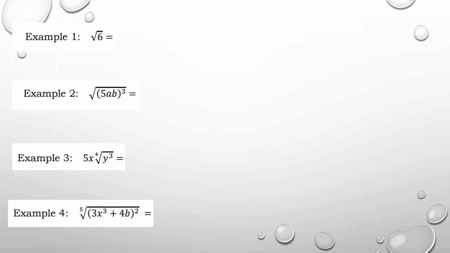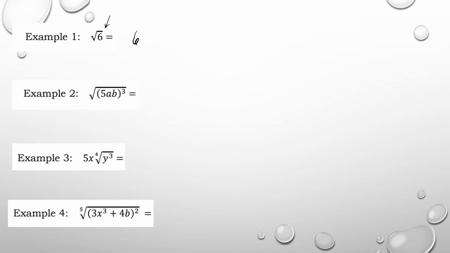So ang lagi nating tatandaan, yung mga main parts ni radical. So dito sa example number 1, always remember that the base will always stay the same. So first, write 6. Okay? So laging tatandaan yung mga parts. Okay, ano yung exponent ng 6 dito? Which is invisible.